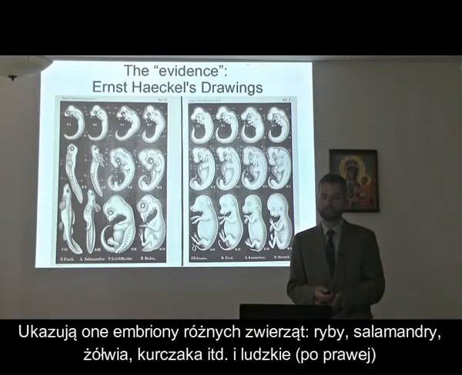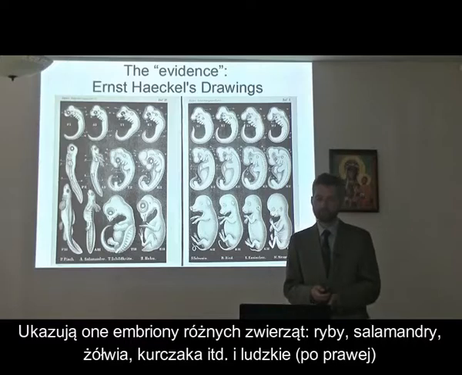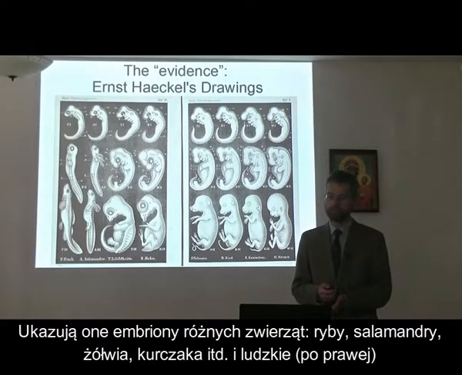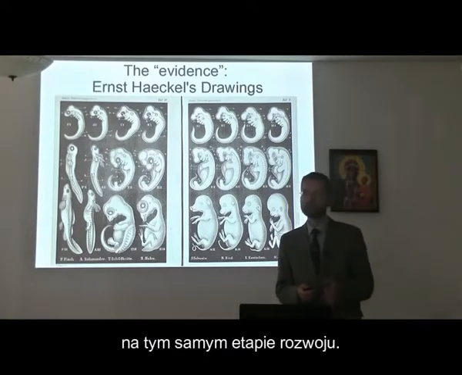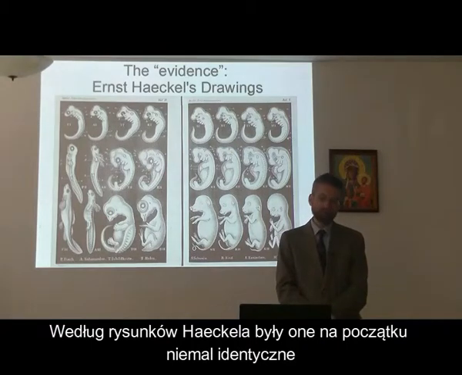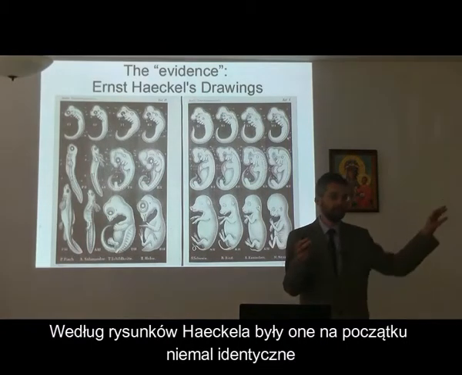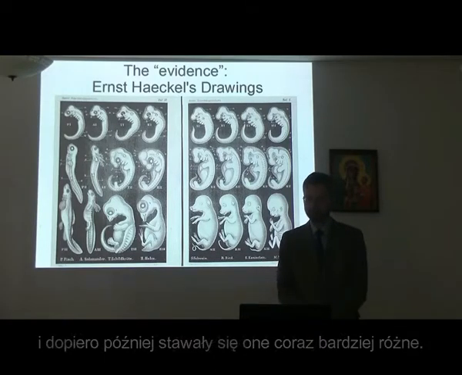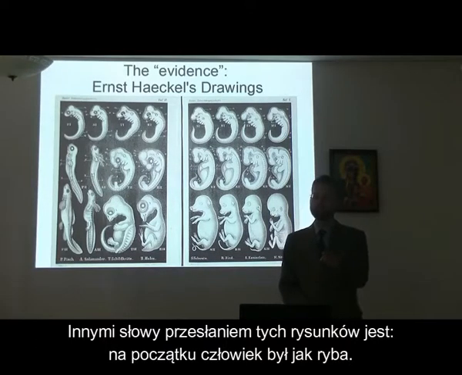It shows the embryos of different kinds of creatures, of fish, salamander, turtle, chicken and so on, and human on the right side, at the same stage of development. And according to Haeckel's drawings, they were almost identical at the beginning, and only later they become more and more different. In other words, the message of this drawing is, in the beginning, man was like a fish.